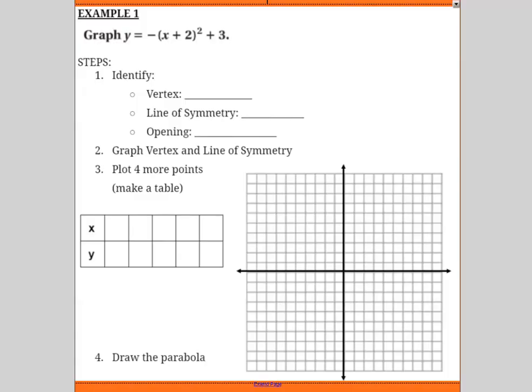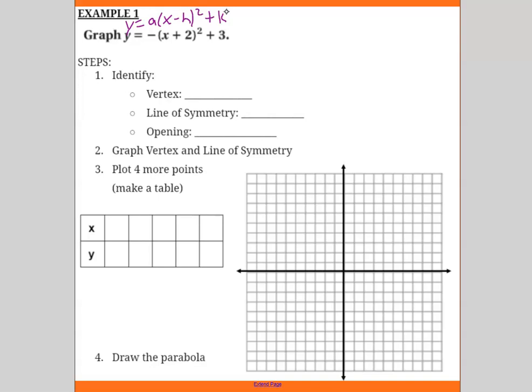Let's jump right on in to our example. Graph y equals the opposite of the quantity x plus 2 squared plus 3. So the first thing that I do is we write our standard form. So we write y equals a times x minus h squared plus k.